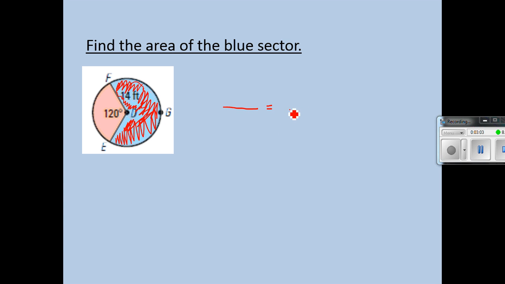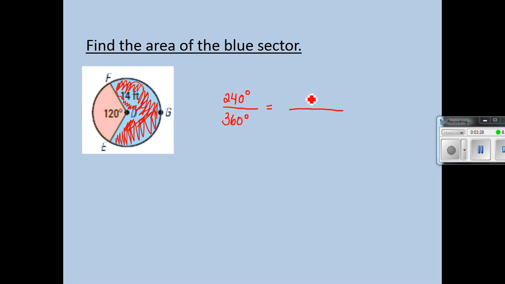Okay, so we're going to use our formula. The degree of the blue, well, we don't have a degree of the blue. We have a degree of the pinkish area. Well, the degree of the pinkish area is 120, so that must mean the blue area is 360 minus 120, which is 240 degrees over 360 is the total degrees.